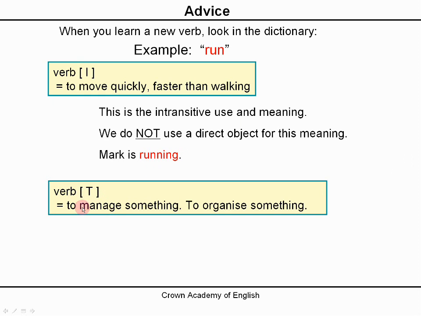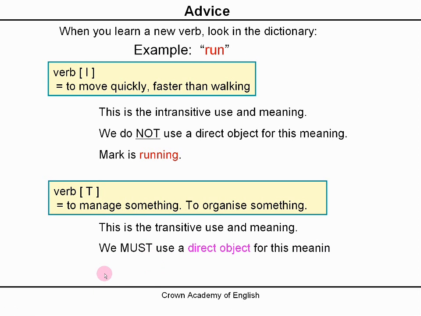But there is also, in the dictionary, a second definition of the verb run. And it's telling us that the meaning is to manage something, or to organize something. And look, here it is telling us that this definition is transitive, because there's a letter T. So this is the transitive use and meaning.